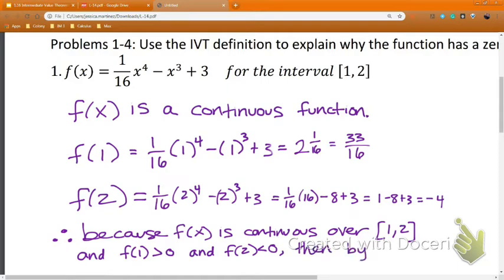Then by IVT, remember that IVT stands for intermediate value theorem. Then by the IVT, the intermediate value theorem, there must be a 0. There must be a 0 in the interval from 1 to 2.